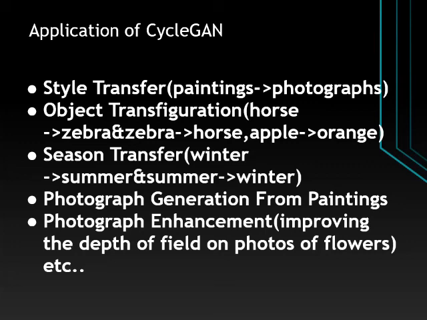It is used in season transfer, translating winter to summer and summer to winter. And CycleGAN is used for photograph generation from paintings and photograph enhancement for improving the depth of field on photos of flowers.